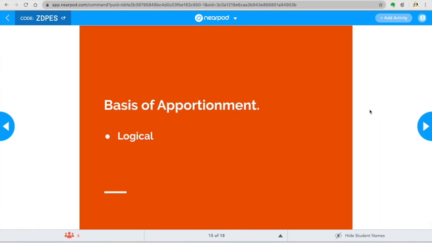Now, when I'm talking about apportionment, we've already looked into it when we did the manufacturing account, and you already know how to do it. But that's the first part which you're looking into. It's very simple, and you know that you have to use logic in order to apportion.